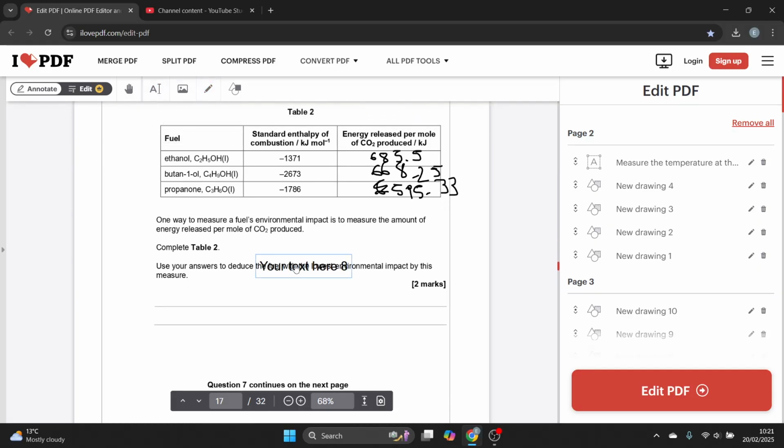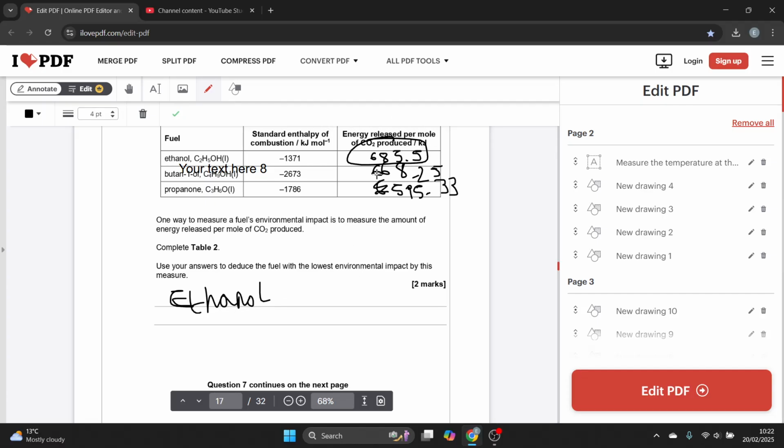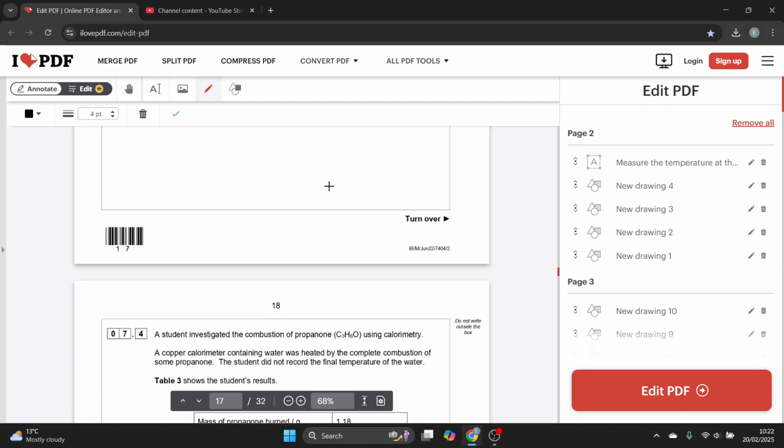And then it says use your answer to deduce the fuel with the lowest environmental impact by this measure. The lowest environmental impact is the one giving the highest energy release per mole. So in this case, 685, 668, 595, so ethanol, because it's got the lowest environmental impact, produces the most energy release per mole of carbon dioxide produced.